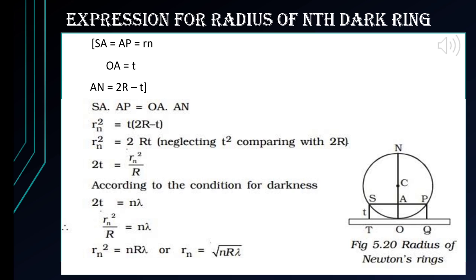So 2t is equal to n lambda, so r square n by capital R should be equal to n lambda. Sending R to the right side, r square n is equal to n R lambda, and taking the square root, rn is equal to square root of n R lambda. This is the expression for the radius of the nth dark ring.